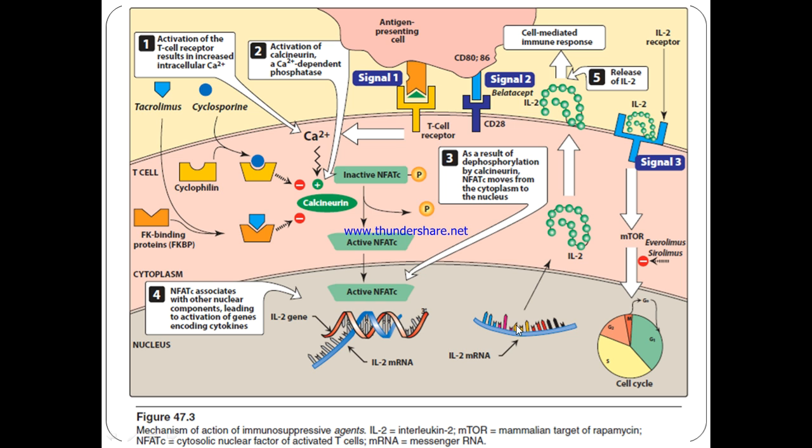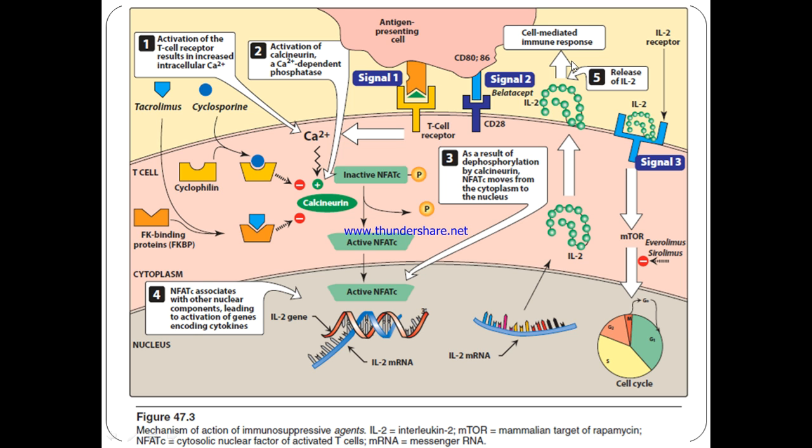So from this mRNA, there is binding with the ribosome and all, and then there will be production of the IL-2, interleukin 2, clear? Now this interleukin 2 is present in the cytoplasm, and there will be the release of the IL-2. And already we have discussed that IL-2 has an important role in the cell mediated immune response. Already this section we have discussed.